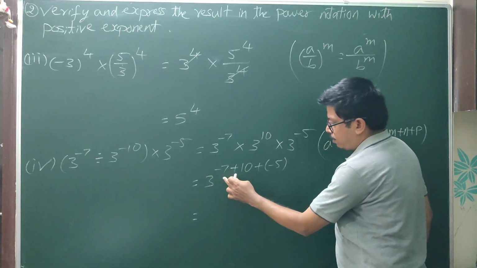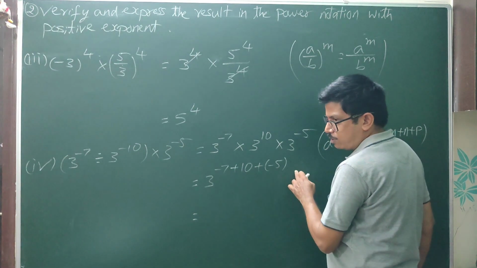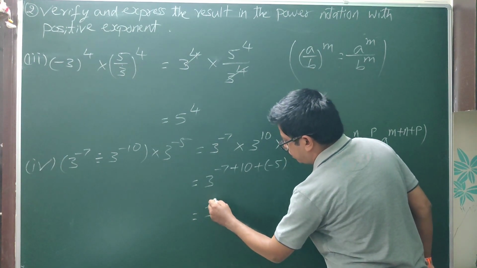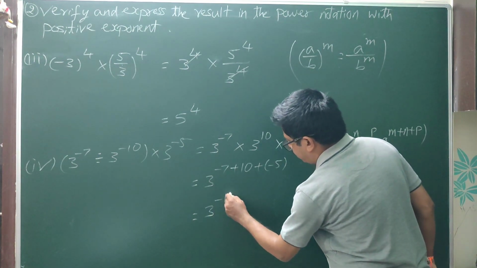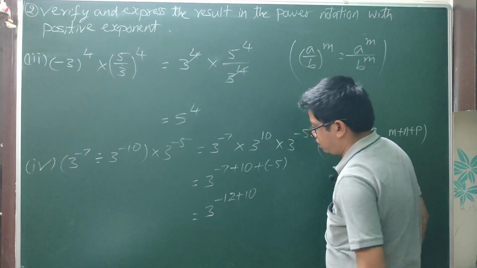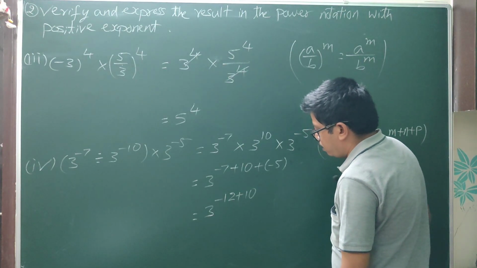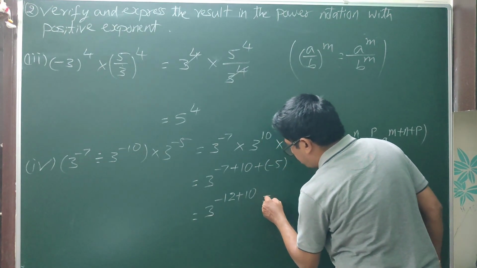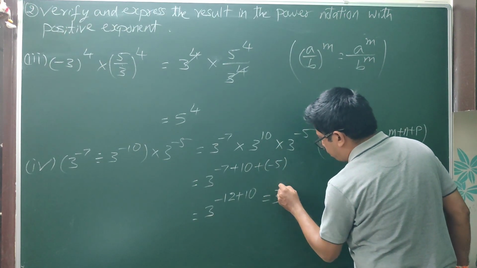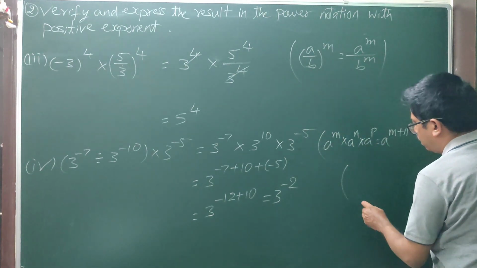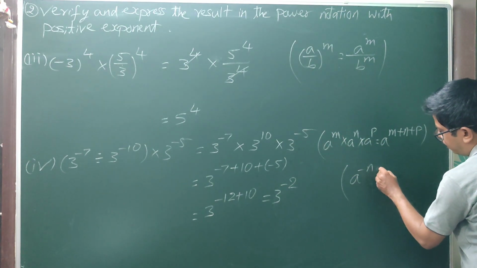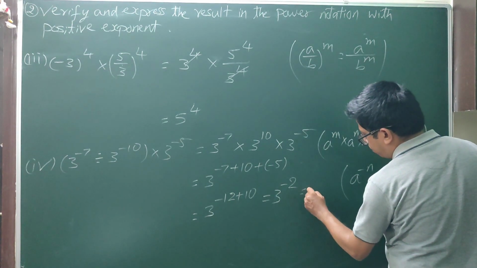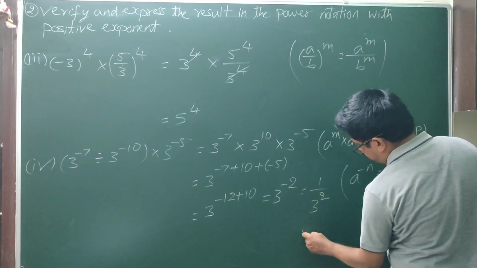Now here minus 7 plus of minus 5, it is minus 12. 3 power minus 12 plus 10 equal to 3 power minus 2. a power minus n equal to 1 by a power n. So simply 1 by 3 square is the answer.